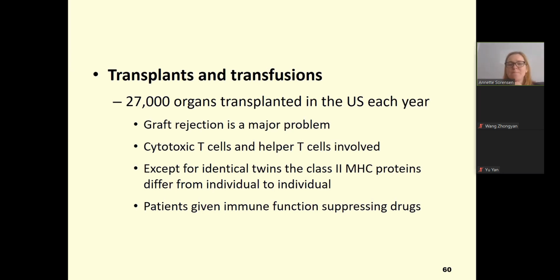The MHC class II proteins differ from individual to individual, which means that if you get a graft transplant, the immune system is going to recognize these cells as foreign antigen, and you get activation of the patient's immune system, which will start attacking and destroying the new organ.